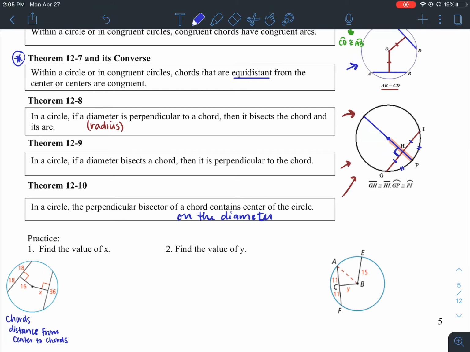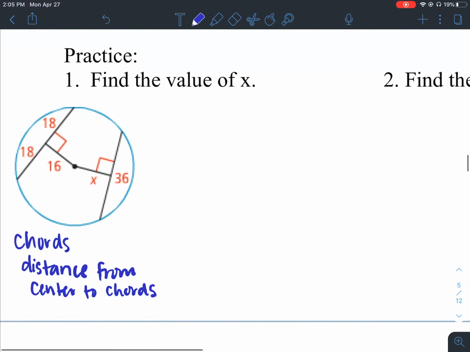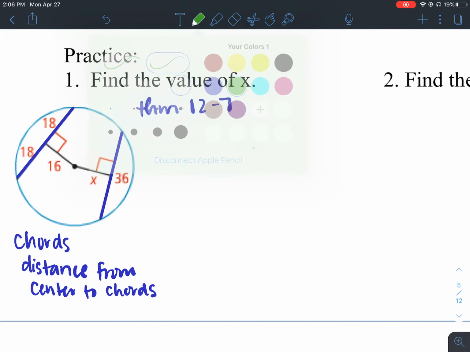12-7. And it says, okay, if I look at my two chords, they are equal to each other. My two chords are both 36, which implies from theorem 12-7 that the two distances from the center to the chords should be equal to each other.